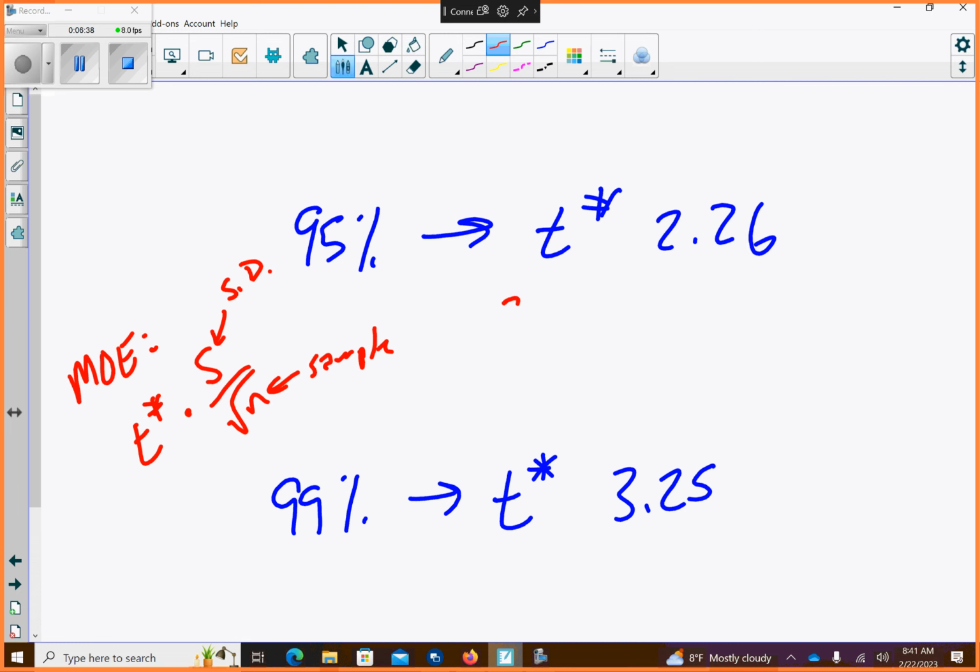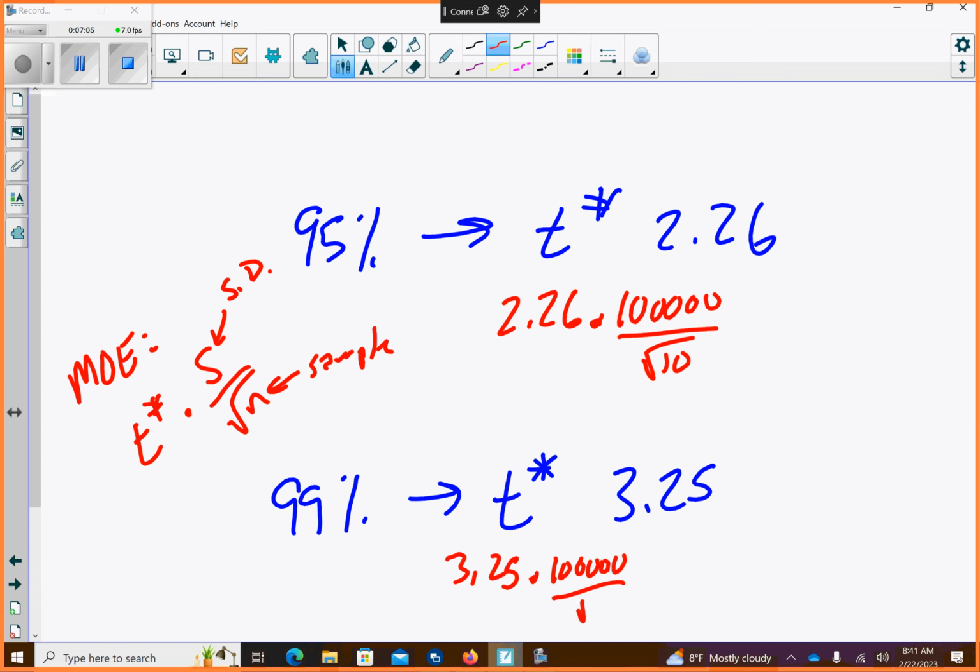So I'm going to go 2.26 times S. We had a standard deviation of 100,000 divided by the square root of 10. And then this one will be 3.25 times the 100,000 over square root of 10. And we should be able to handle both of those on a calculator.